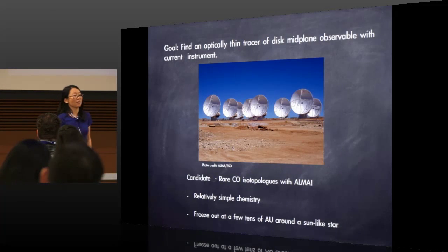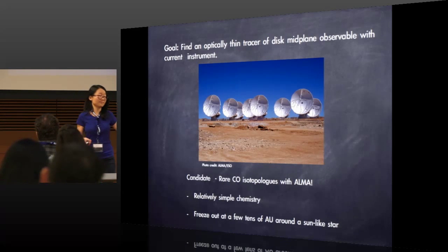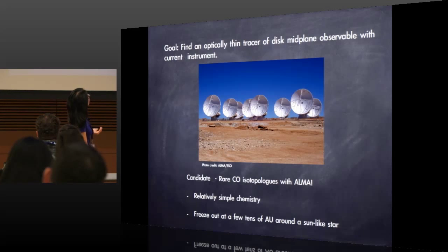So our goal is to find an isotopically rare molecule in order to trace directly to the disk plane and measure the disk mass from the gas phase. So we want to use this awesome array, ALMA, down in Chile, so that we can have enough sensitivity to probe very, very weak emissions.